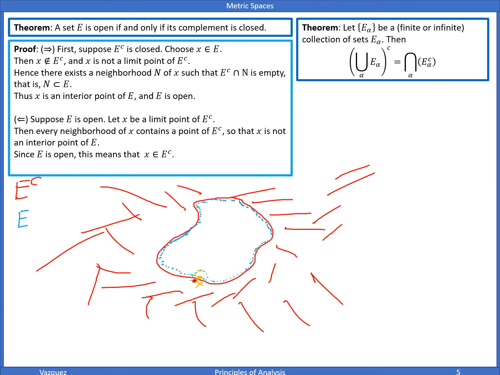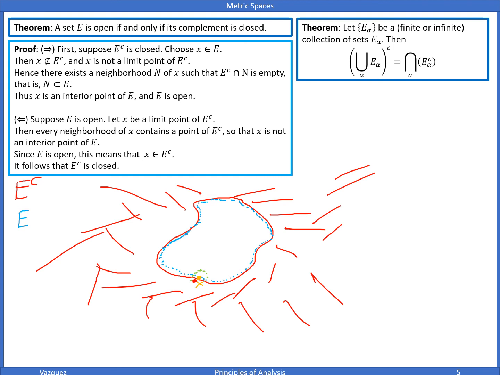And since E is open, this means that X must be in E complement, since it's not an interior point of E, since E is open. Therefore that shows that E complement is closed, right?